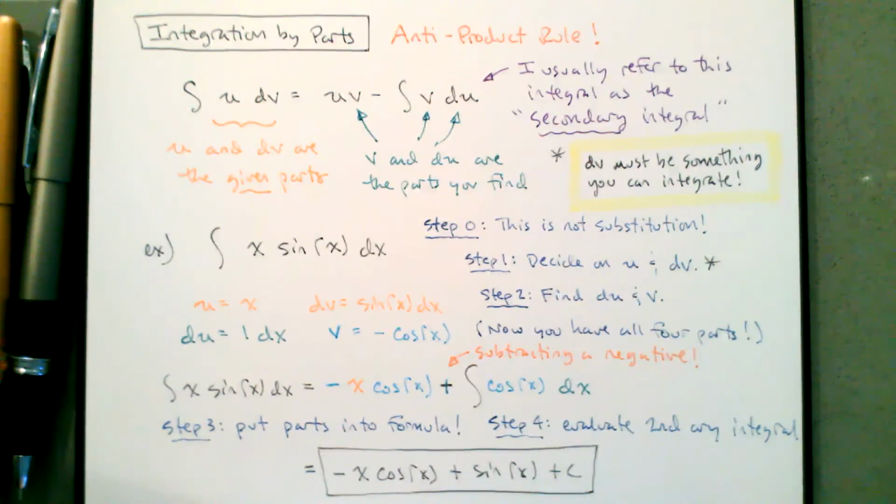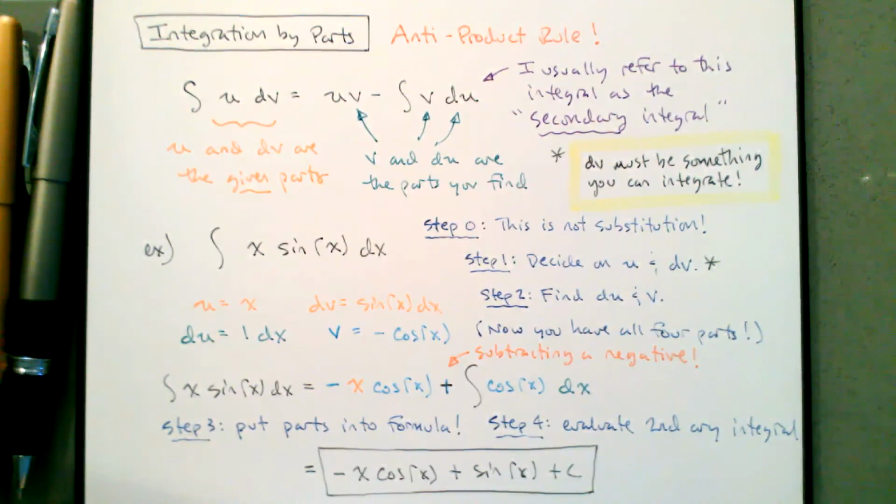So our project this week is going to be to look at integration by parts and see what we can do with it. Two of the most important rules. You start off by identifying that you're not looking at a substitution problem. That's step 0.